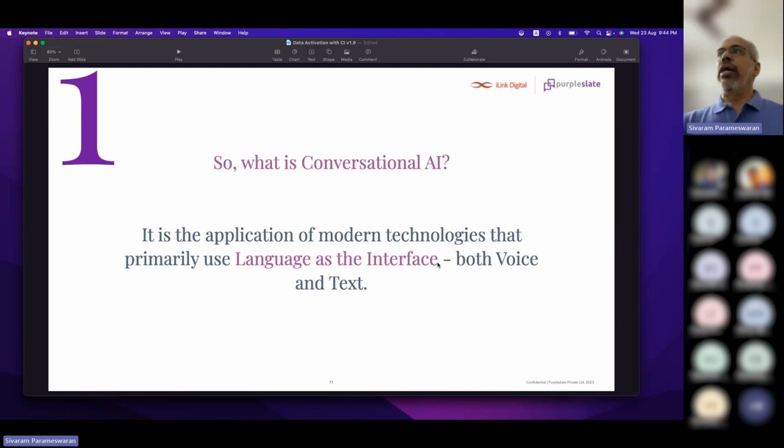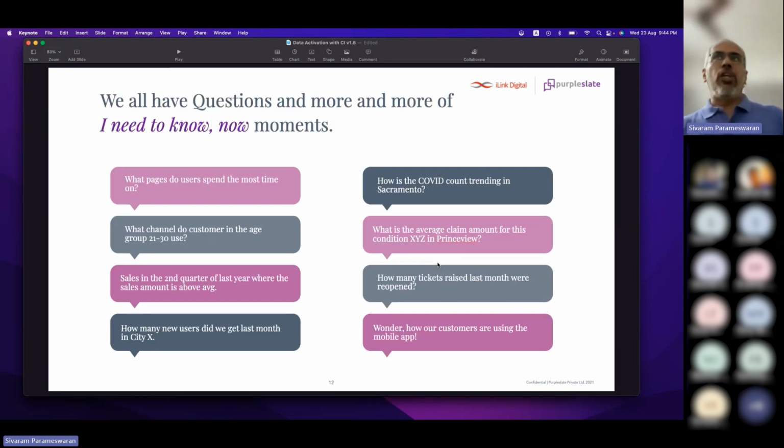The idea behind this application is that even when we are looking at a report or a dashboard, there is a whole bunch of questions we have in our mind. Say if you have launched a website, you would like to know, hey, what pages do users spend most of the time on?